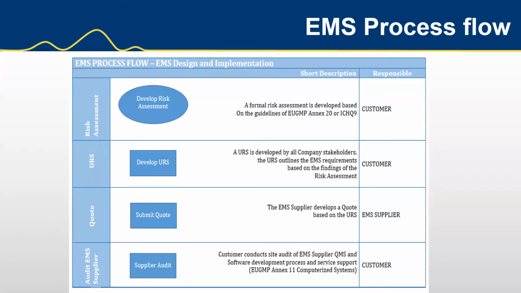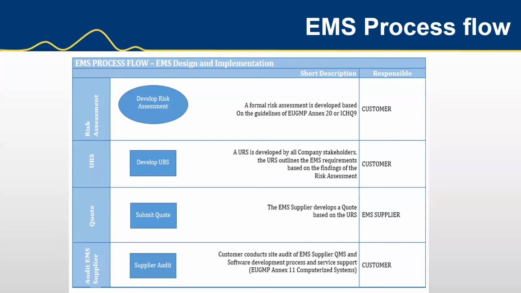The URS, user requirement specification, is again developed by the customer, based on the findings of the risk assessment. Your risk assessment should be very detailed, and from it you can develop a really good, strong, robust user requirement specification.